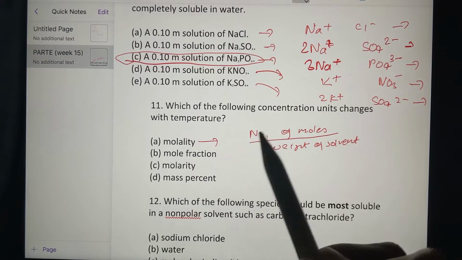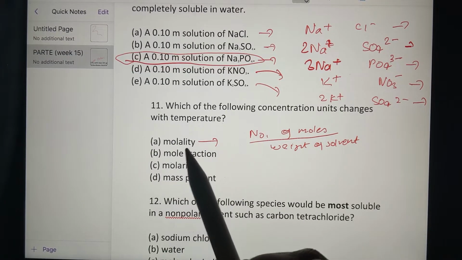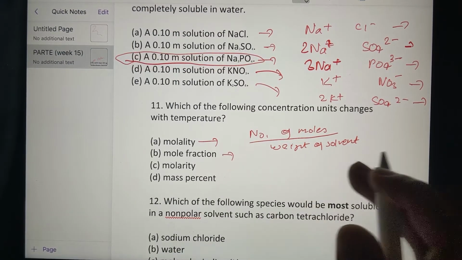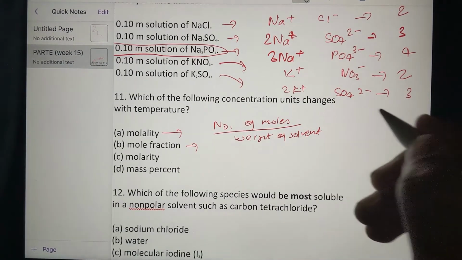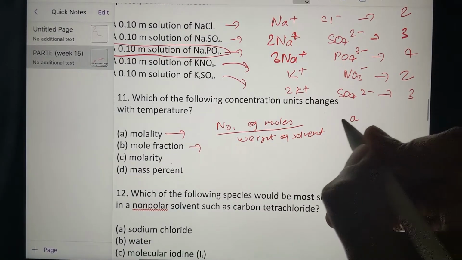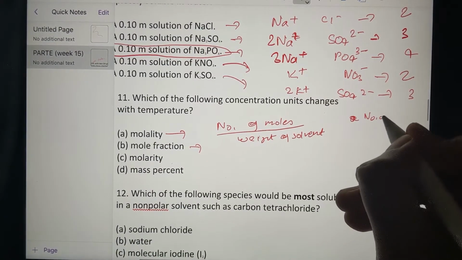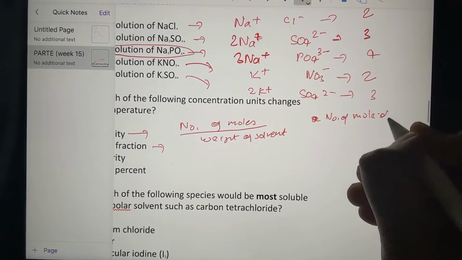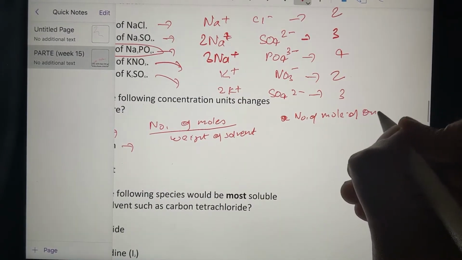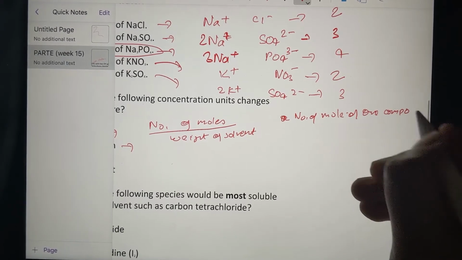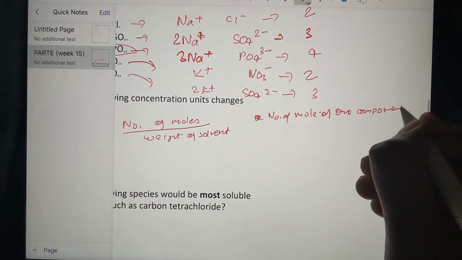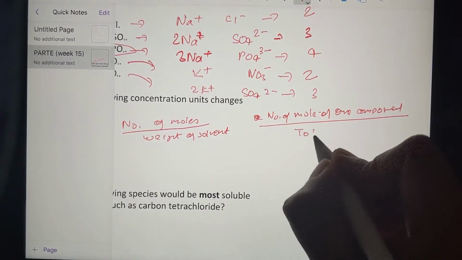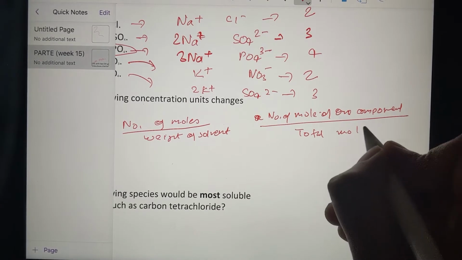That means molality does not depend on the temperature, and the same goes for mole fraction, which is defined as the number of moles of one component divided by total moles.